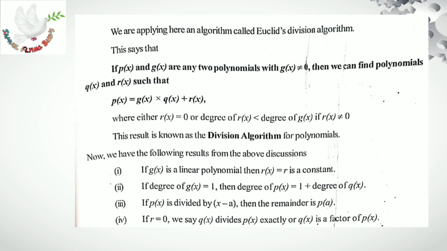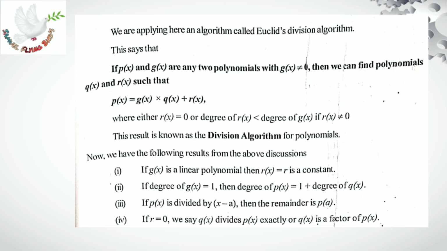The second: if the degree of g of x equals 1, then the degree of p of x is equal to 1 plus the degree of q of x.